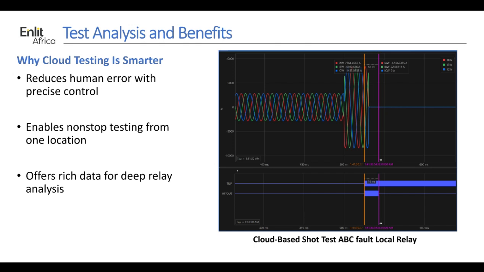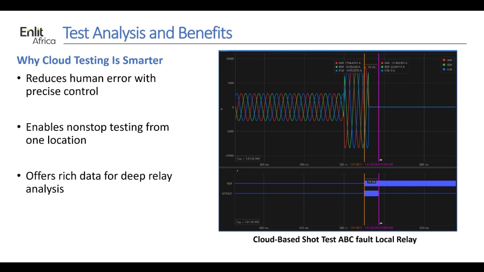So in this test, let's analyze the short test. One of the short tests we analyzed was for three-phase ABC faults with the local and remote end. Here, you can see we injected a pre-fault for around 500 milliseconds, and then the fault is applied. The relay operated, and the fault isolation happened within a few milliseconds, and the trip output, 87 output, extended up to 18 milliseconds in this case.